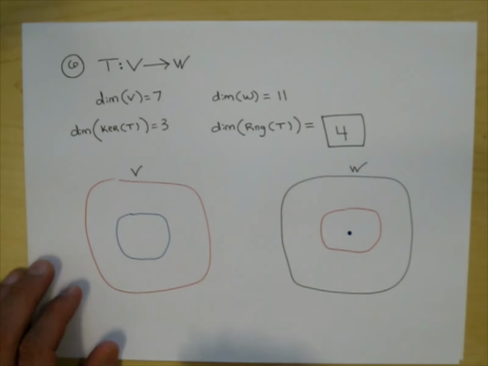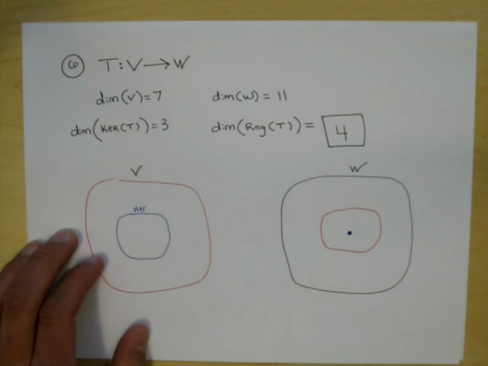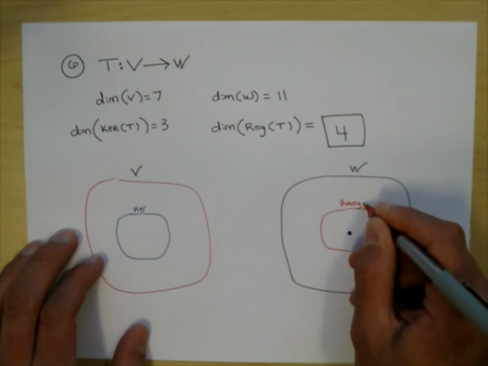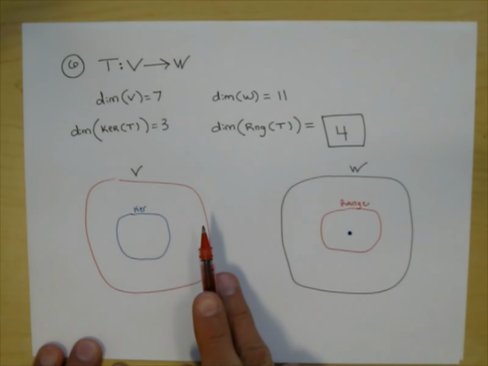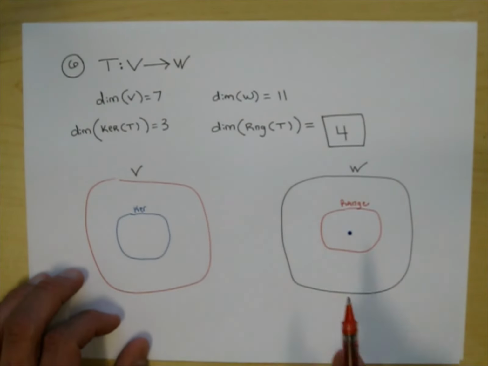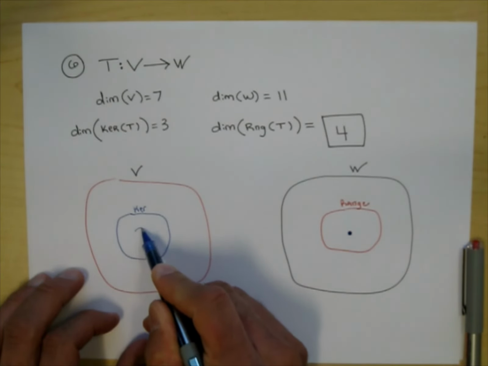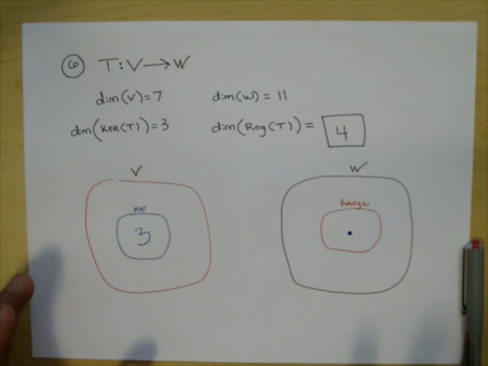This part's the kernel, and this part's the range. I try to keep the same colors. What is happening here is that the kernel has dimension 3. I'm going to put 3 there. The dimension is kind of the size, sort of.